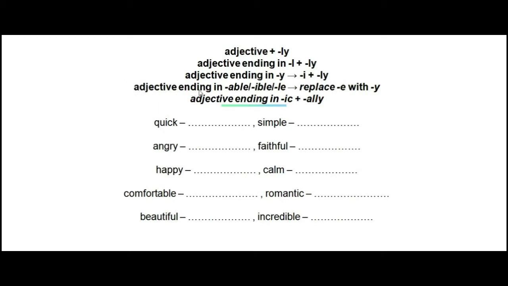And when adjectives end in able, ible, le, we replace the e with y. And when adjectives end in ic, we simply add ally. Now read the following adjectives and change them to adverbs.